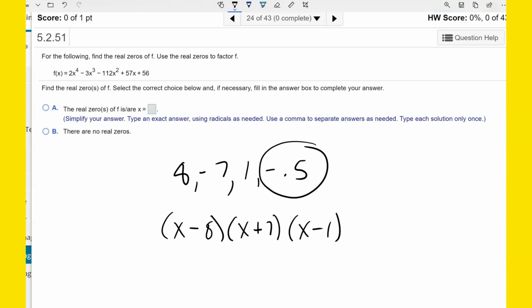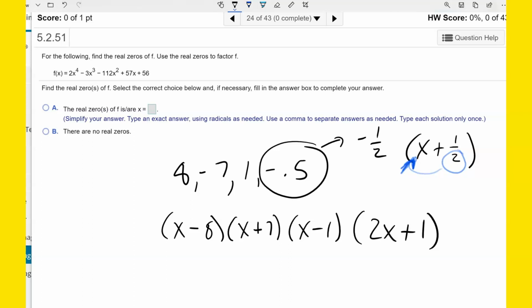All right. First of all, I'm going to make it into a fraction. Just trust me for a second. If I change this to a fraction, it would be -1/2. So if I make that into a factor, it's going to be x plus 1/2. But I hope you remember how we take the number on the bottom and move it in front of that particular x, so that when I turn this into a factor, I actually write it as 2x plus 1.